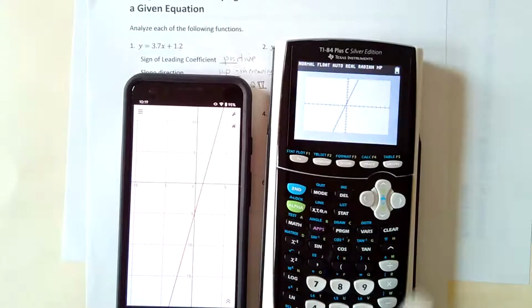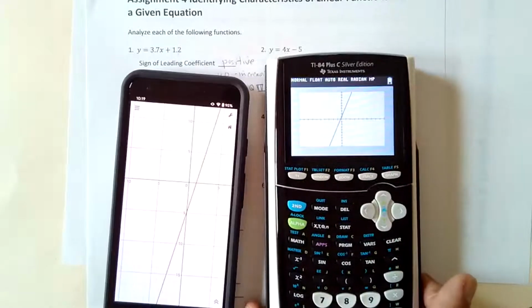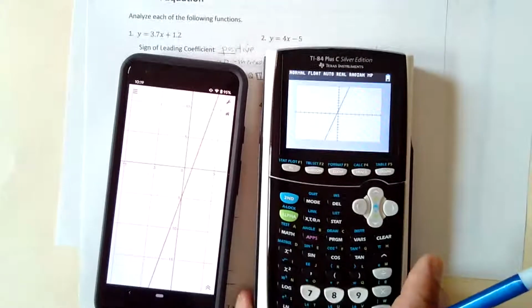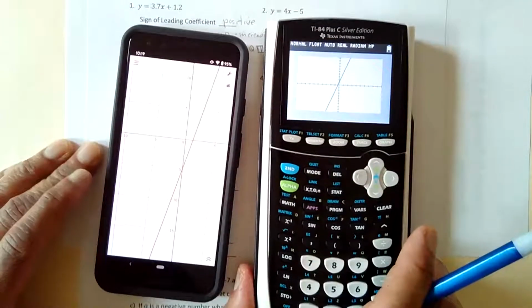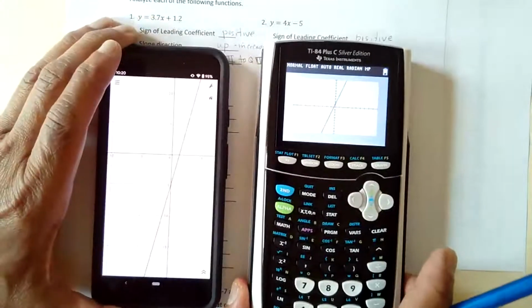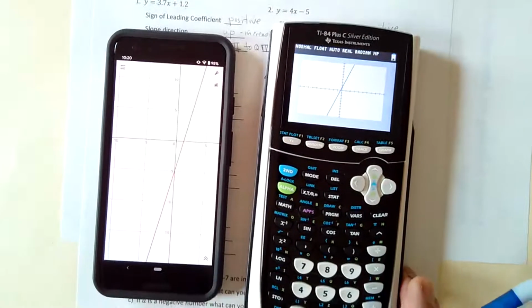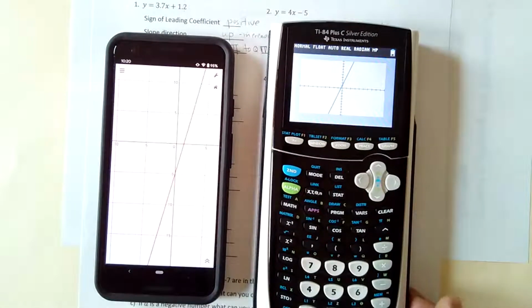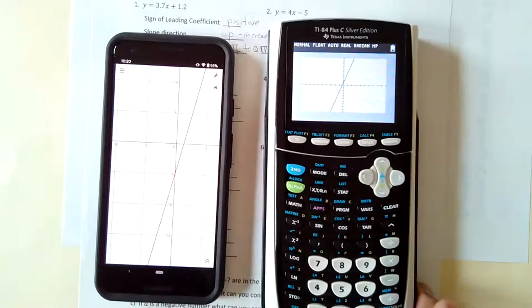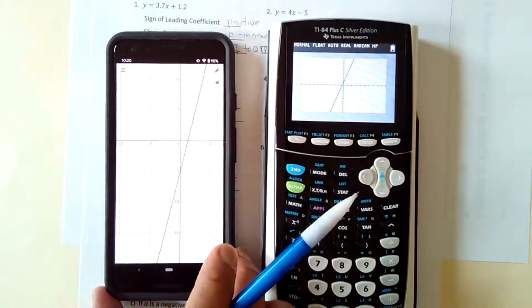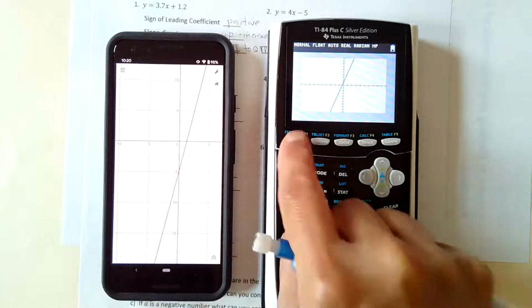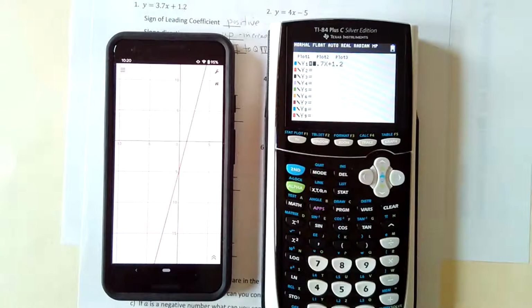Let's look at our graphing calculator. From our graphing calculator, we can go back into the equation here. You need to get rid of that equation or else it will show up. There's no way of hiding it in the graphing calculator, which is what you did in Desmos.